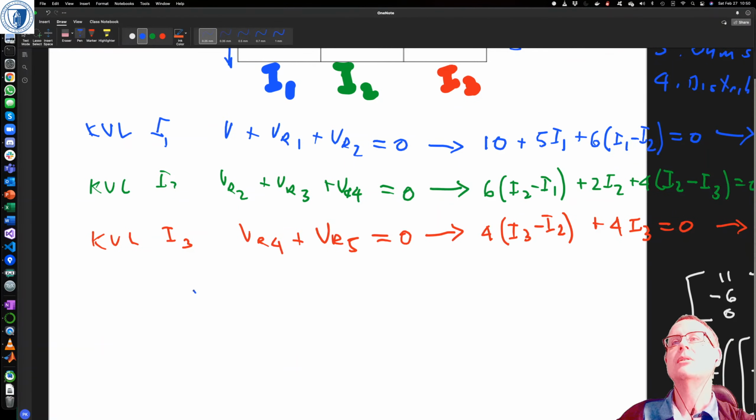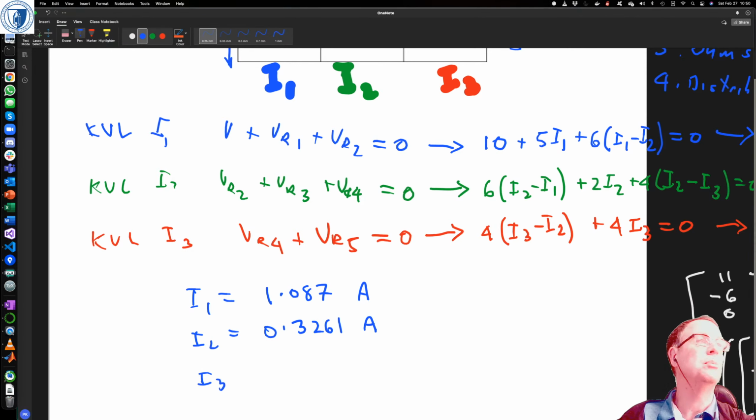The answers I got were I1 equals 1.087 amps, I2 is equal to 0.3261 amps, and I3 is equal to minus 0.6522 amps.